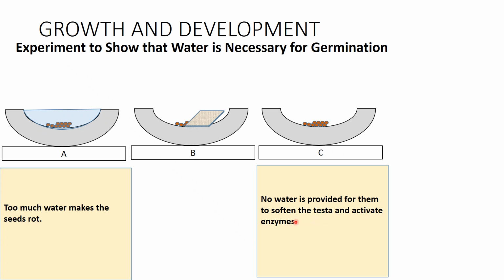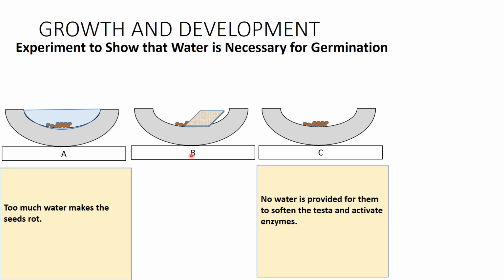So no water is provided for them to soften the testa and activate enzymes. What water does is it makes the testa soft. If the testa is soft, the plumule and the radicle can break the testa and they can germinate.